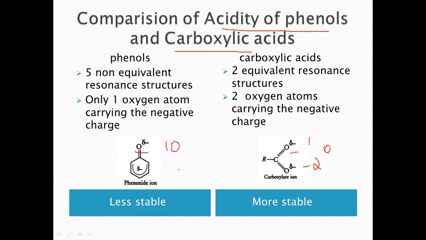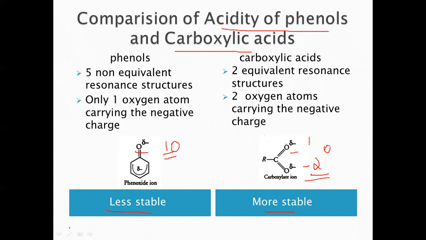So we know that the more electronegative atom sharing the negative charge is more stable. In both the cases, the oxygen atom is carrying the negative charge, but here there are two oxygen atoms, here only one oxygen atom. So for this reason, the phenoxide ion is less stable than the carboxylate ion.